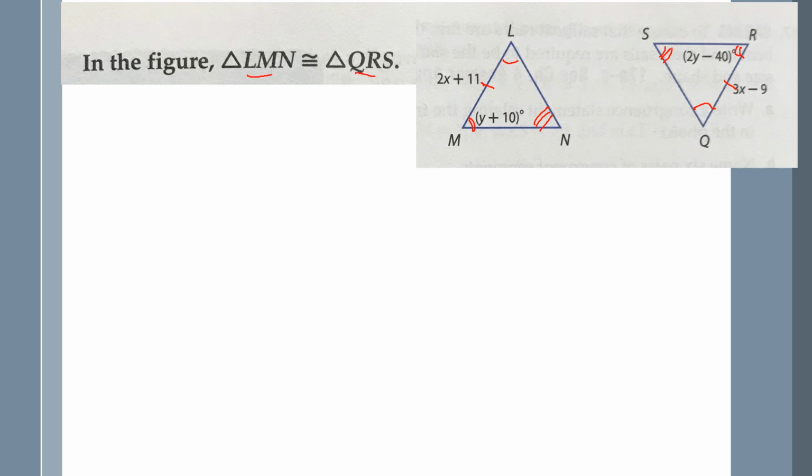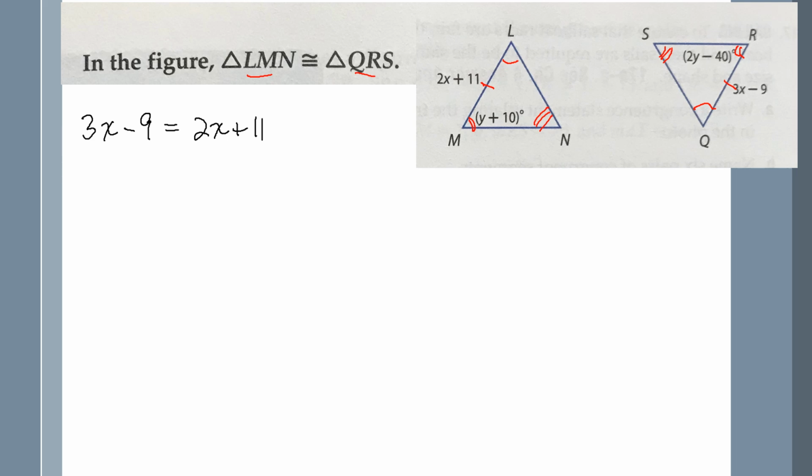All right, so let's set up our equations. So QR is 3x minus 9, and LM is equal to 2x plus 11. Okay.